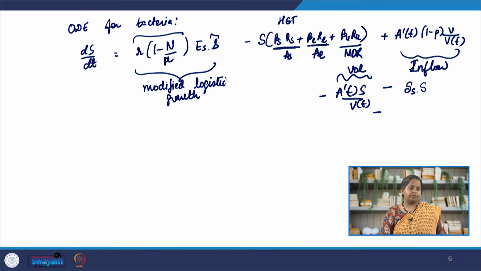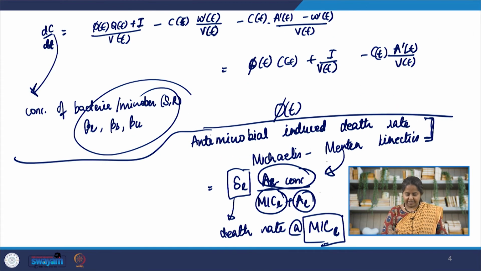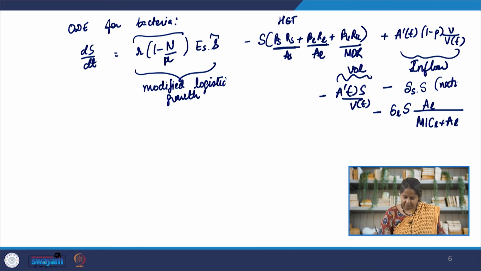So this is where we talked about using Michaelis-Menten kinetics, and I showed that in the previous slide. No, not in the previous slide, in this slide. So this is what we are going to use. So this is natural death.